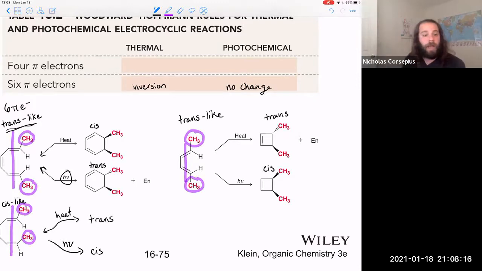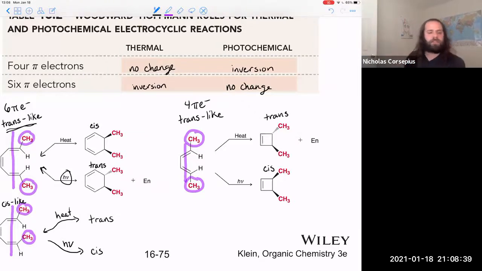You can go back a few slides and convince yourself that if we started out with the cis-like 4 pi electron example, we would similarly see no inversion happen when you hit it with heat. So this is no change. Versus when you hit it with light, you get this inversion in your stereochemistry.